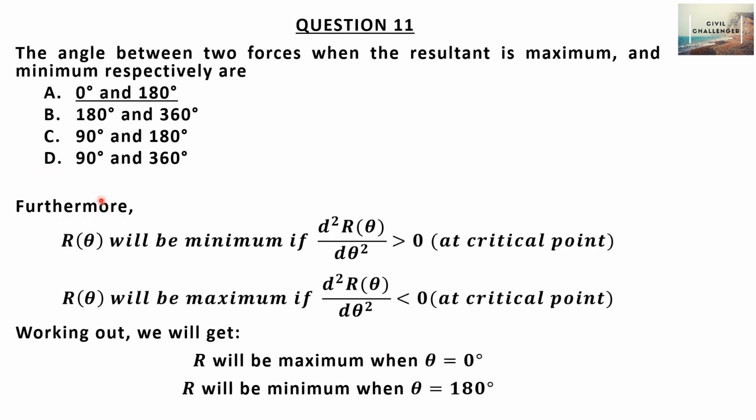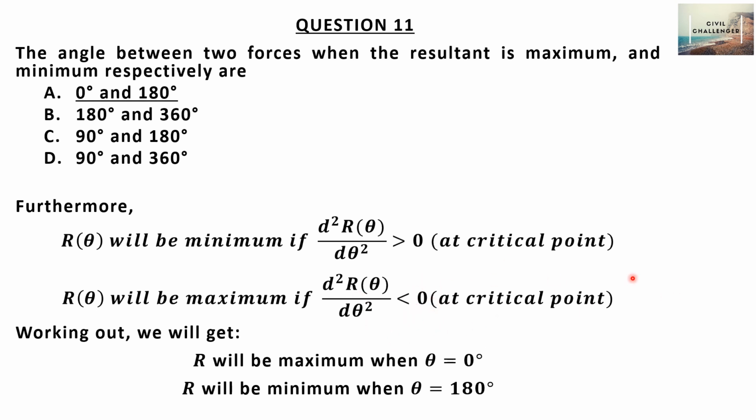Moreover, we need to find at which point R theta will be maximum or minimum. For that we need to use these conditions. R theta will be minimum if d square R divided by d theta square is positive at a critical point, and R theta will be maximum if d square R divided by d theta square is less than 0 or negative at critical point.